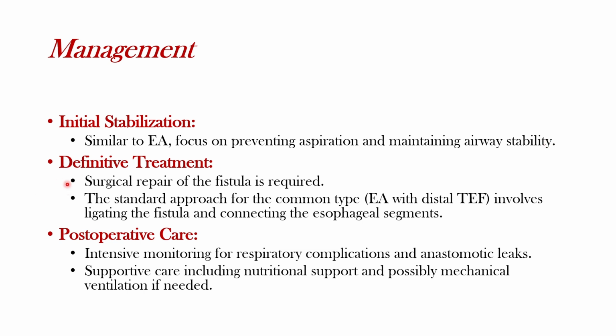Then we should also do surgery to repair the fistula and to solve the esophageal atresia, because as we mentioned, type C is the most common, which has esophageal atresia and tracheoesophageal fistula. And we'll do regular post-operative care. So we'll monitor for respiratory complications and anastomotic leaks. Supportive care includes nutritional support and possibly mechanical ventilation in the beginning.